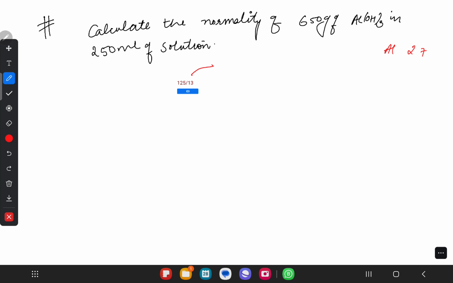What have you calculated? That's not the answer. This is the normality, this is the amount of equivalents, 9.6153 and so on.